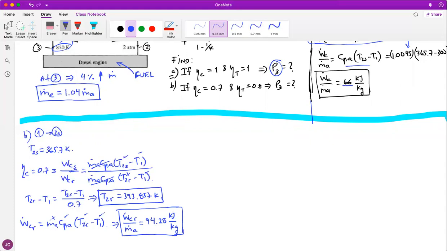For the ideal compressor, it was 66 kilojoules per kilogram in order to do the same job, but now for the real compressor, I need to add 28 more kilojoules in order to run the machine. So that's one of the lessons of the entropy generation. It's actually done by the entropy generation. That's why you need to add more work for a not so perfect machine.